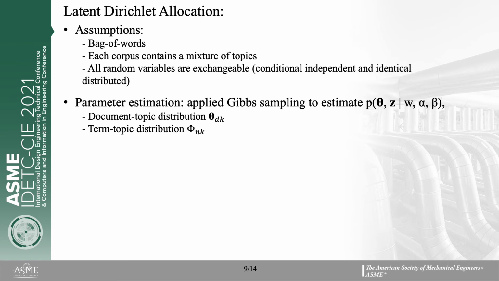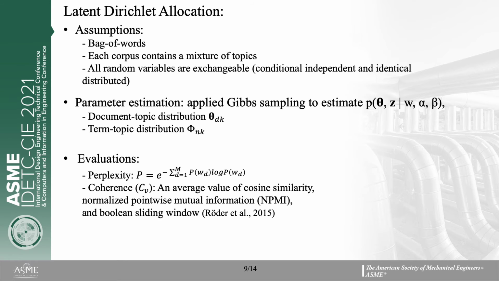So after the training process, we generate both theta and phi for further analysis. Perplexity measures how well a probability distribution predicts a new sample. It is often used on the training set to indicate model convergence, and also on holdout sets to determine the ultimate number of topics.